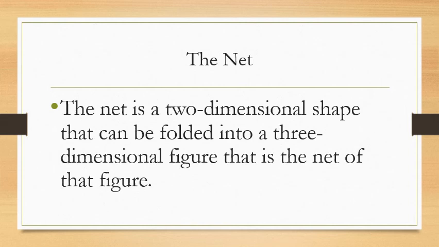The net is a two-dimensional shape that can be folded into a three-dimensional figure. That is the net of that figure. So we have just learned the definition of the net, and now we'll go in depth about this.